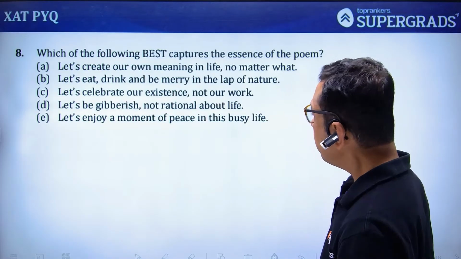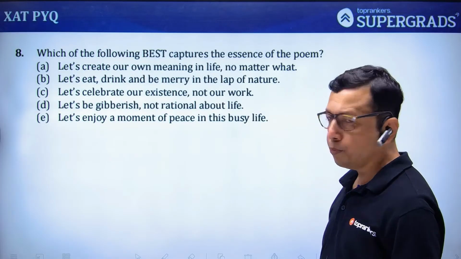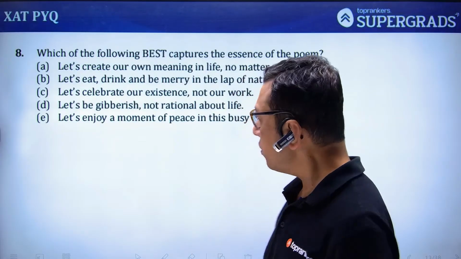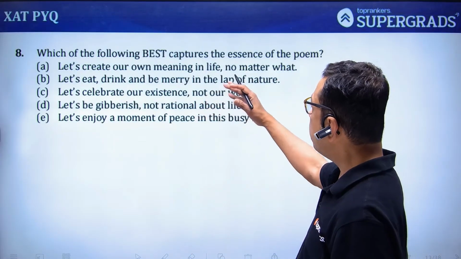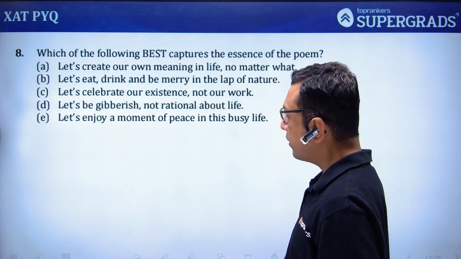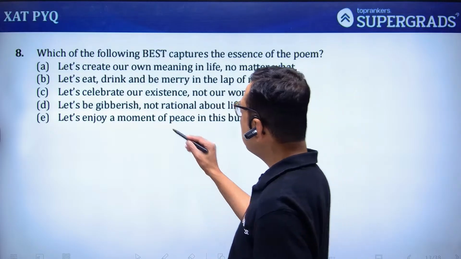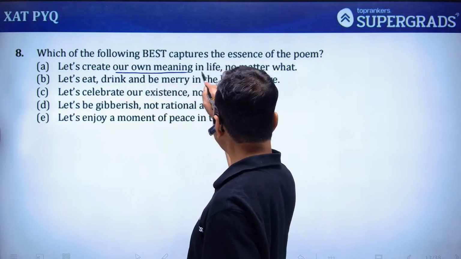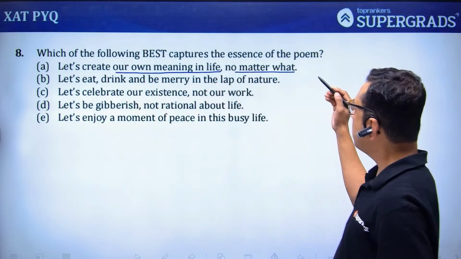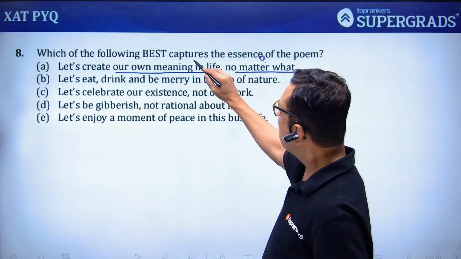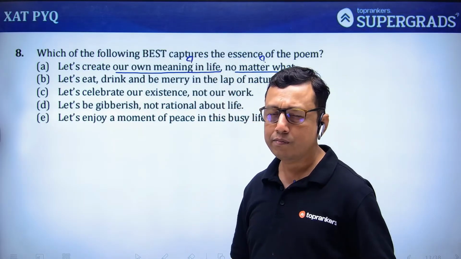Which of the following best captures the essence of the poem? Let's create our own meaning in life, no matter what. ये दोनों में बड़ा सवाल है क्योंकि ऑथर तो ब्रेक लेने की बात कर रहा है, right?